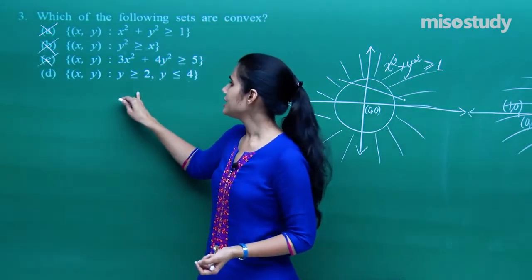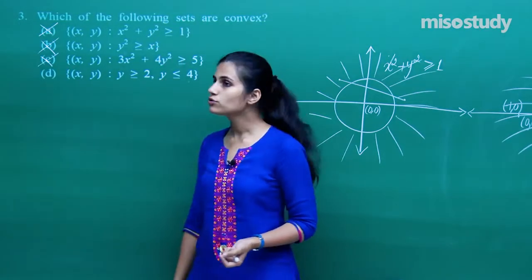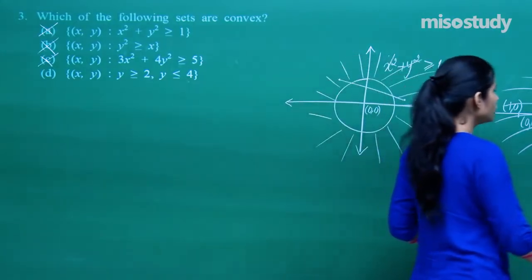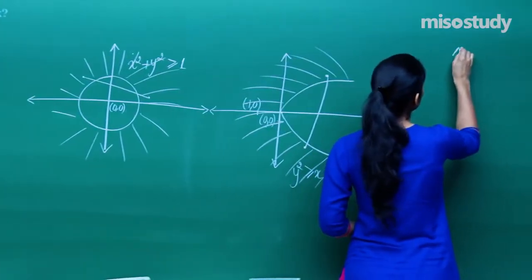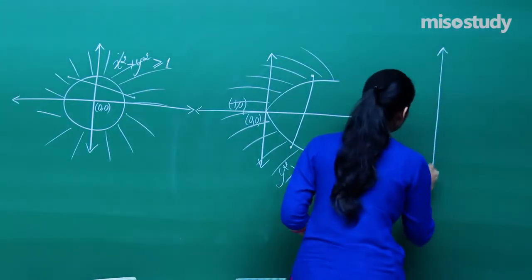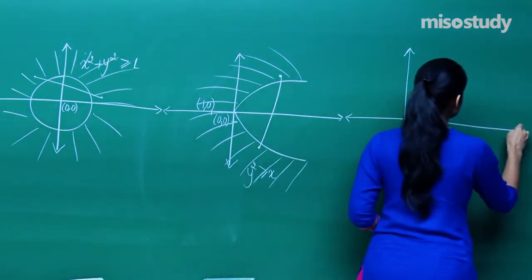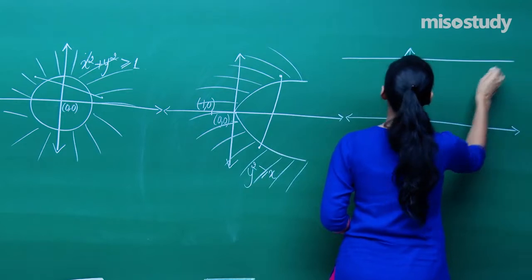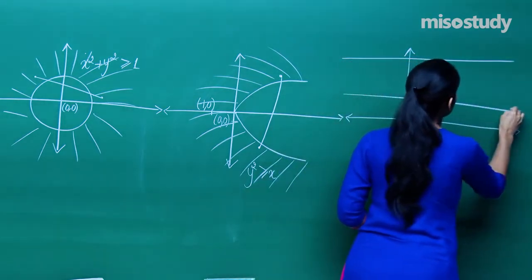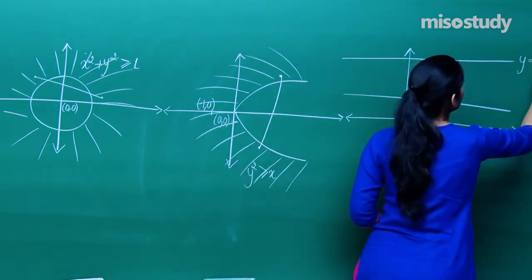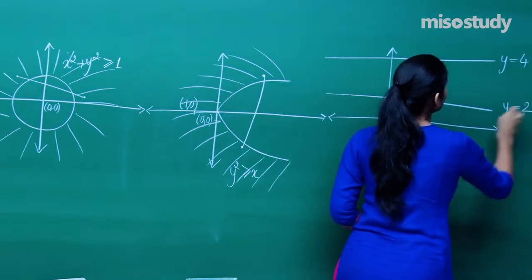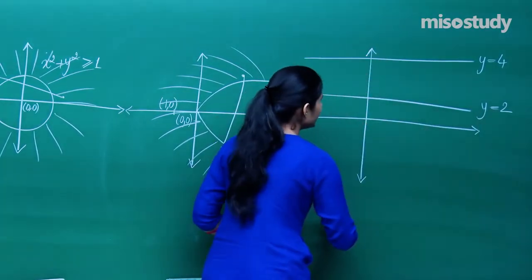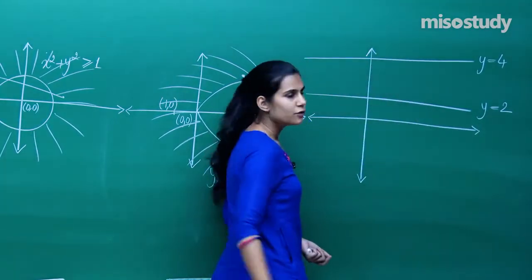If I talk about this set which is y is greater than or equal to 2 and y is less than or equal to 4, say this is y equals 4 and this is y equals 2. I am saying y is less than or equal to 4 and y is greater than or equal to 2.